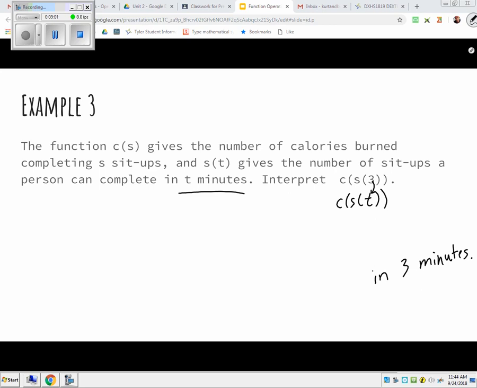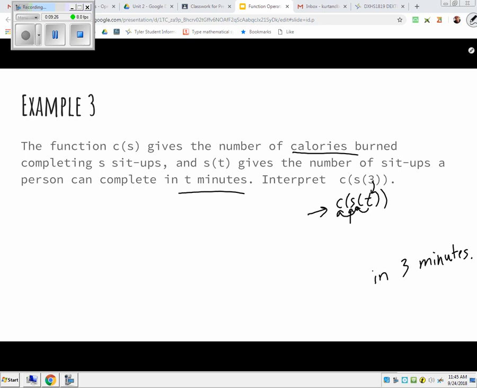So I want to talk about something happening in 3 minutes. Now eventually my rule is going to be work my way backwards. So I'm starting with the t. This is how many situps I could do in 3 minutes. And from however many situps I do, I can get the number of calories burned. So my final answer is going to be this c right here, which is the number of calories burned. So altogether, I'm not really talking about the number of situps I do.